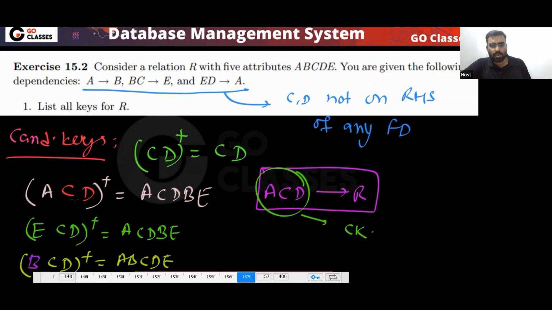Is this clear? So CDA, CDE, CDB. So these are the candidate keys. Can we have a 4 attribute candidate key?